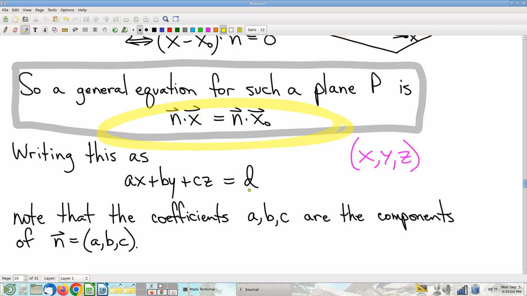Likewise, x naught, a point on the plane. And here, you can see all your variables, and I guess that's nice, but what's the d? A little hard to see. It's hard to reverse engineer what the n and the x naught are from that. So all else being equal, I like this version better, but they're both fine.